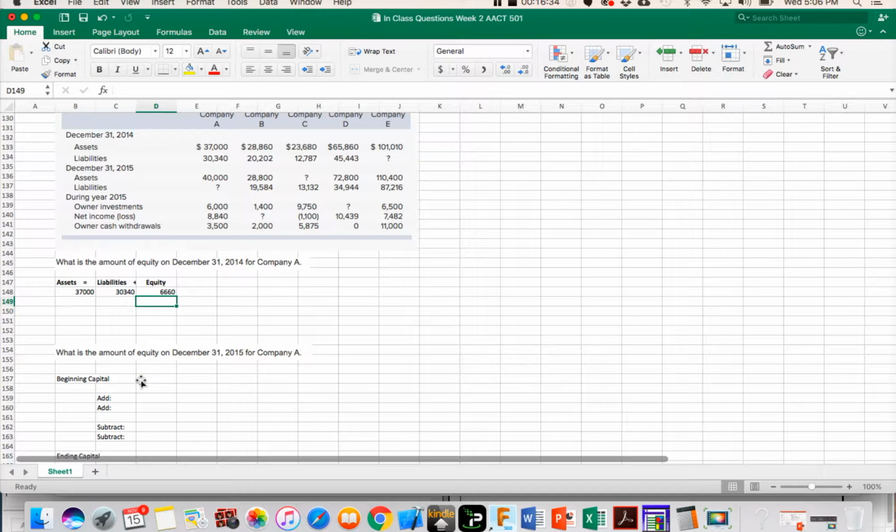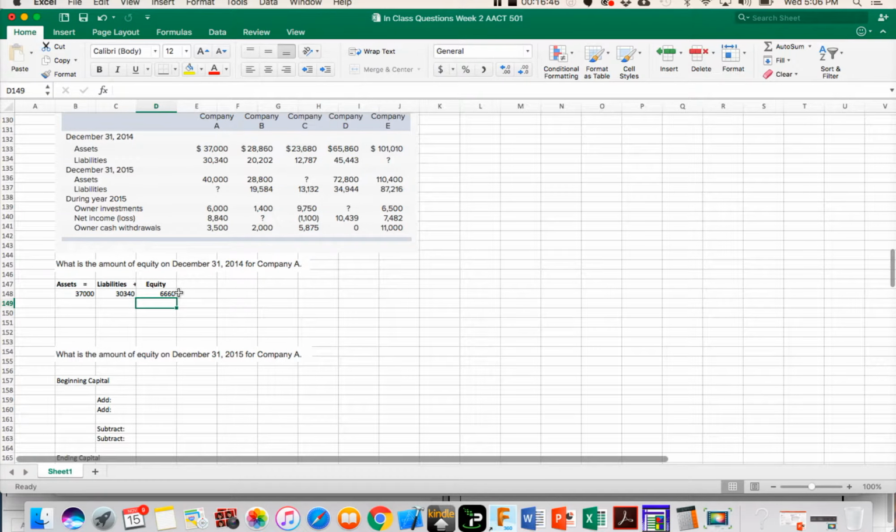Then we've got what is the amount of equity on December 31st, 2015 for company A. So beginning equity for company A listed right here. To that, we want to add net income or net loss, any owner investments, and subtract owner withdrawals. So let's add owner investments, add net income, subtract withdrawals.